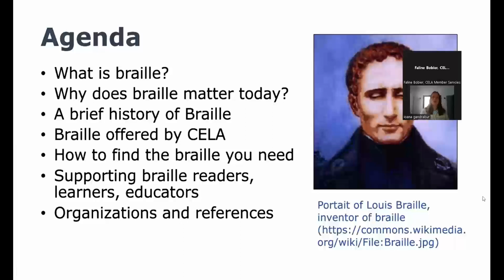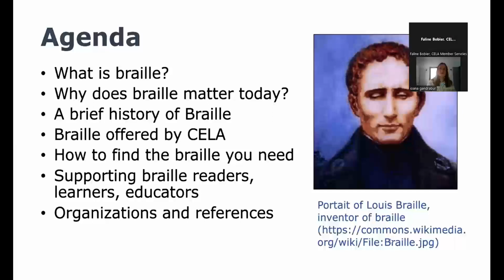Who was Louis Braille and how did the Braille writing code come to exist? Then we'll move on to the various Braille formats and codes. And then we'll get to CELA's collection of Braille materials and also discuss an overview of what we have available in Braille, and then some strategies of how to get the Braille you need.